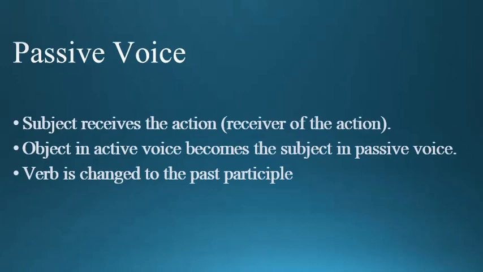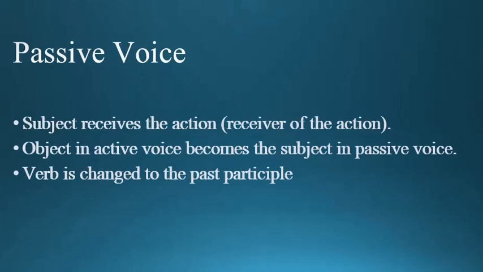So when we choose the active voice of the sentence, the subject in the active voice becomes the object in passive voice, and the other way around also, the object in active voice becomes the subject in passive voice.